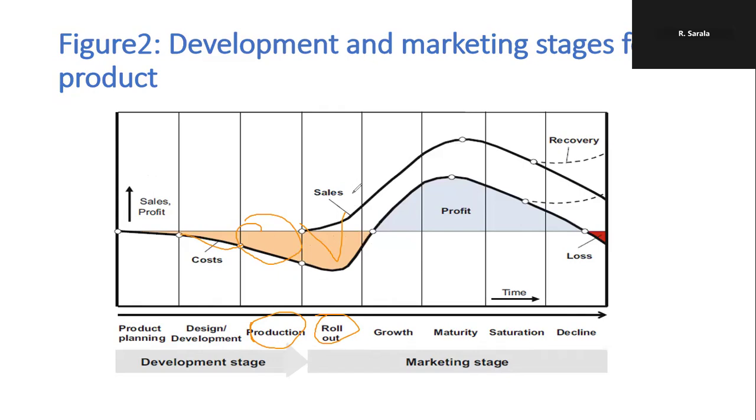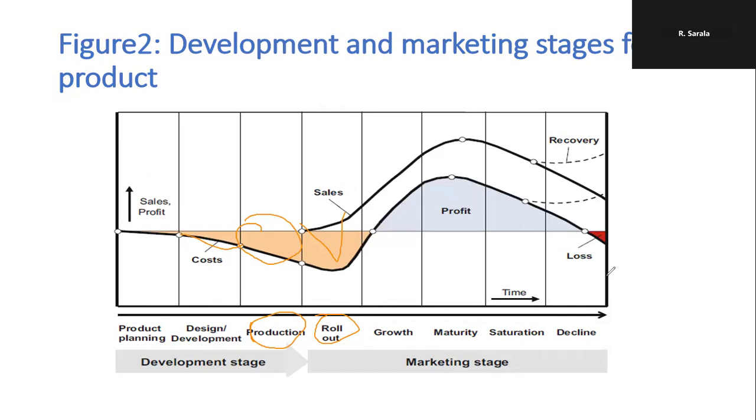Once the product has reached the market, then sales will start, right? So from here onwards, the product is in the marketing stage. First is the growth, then maturity, saturation, and then follows decline.